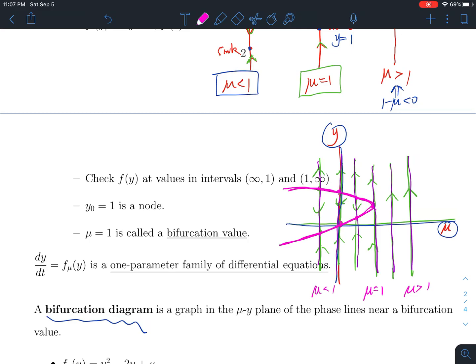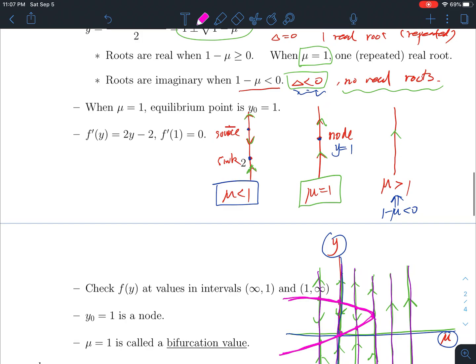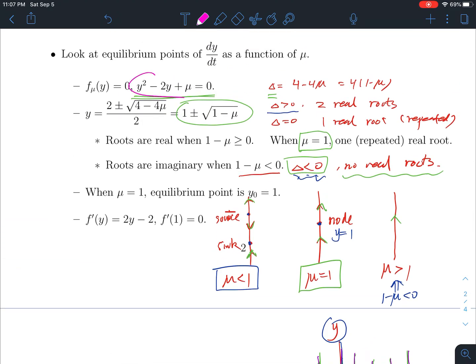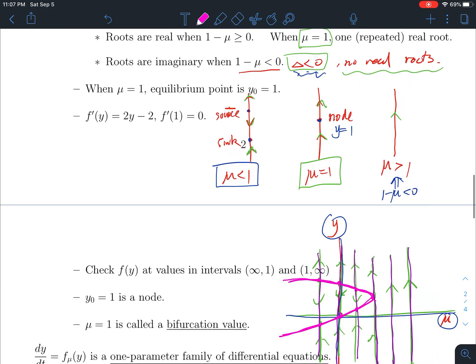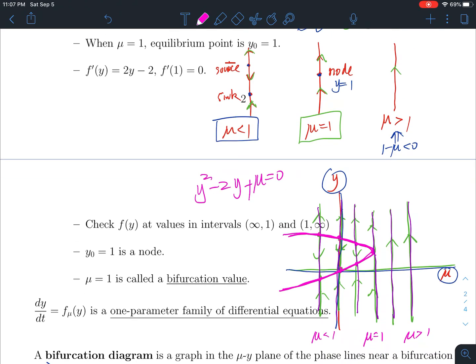You might wonder where this curve comes from. If you remember, we are solving this quadratic equation, y squared minus 2y plus mu equal to 0. That gives the curve: for each possible mu value, where the equilibrium points are. Okay?